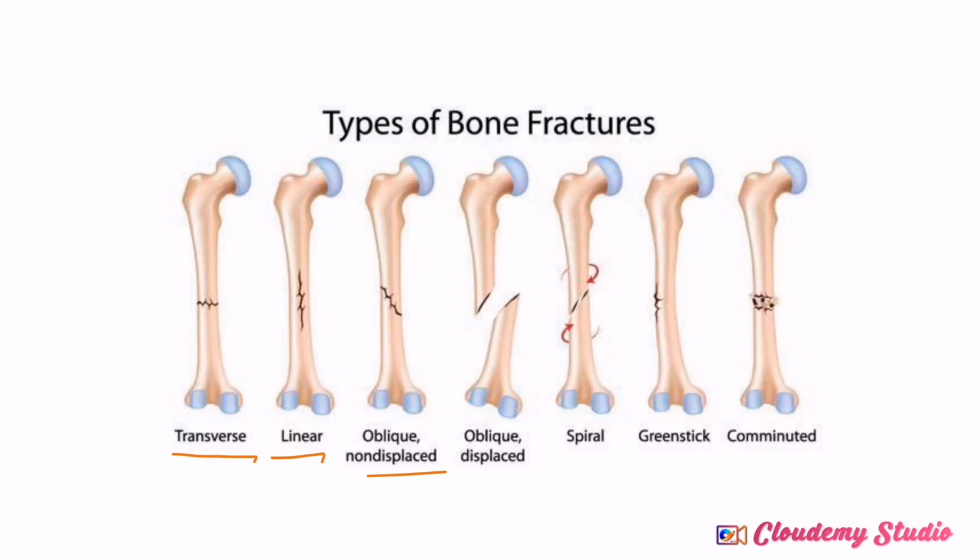Here it has been completely broken. Then we have a spiral, then a greenstick, the last one comminuted fracture.